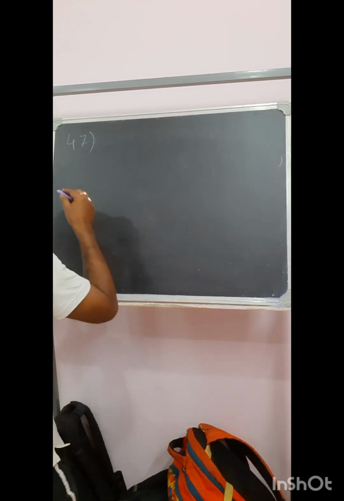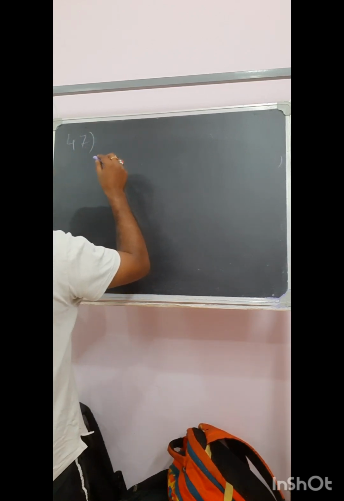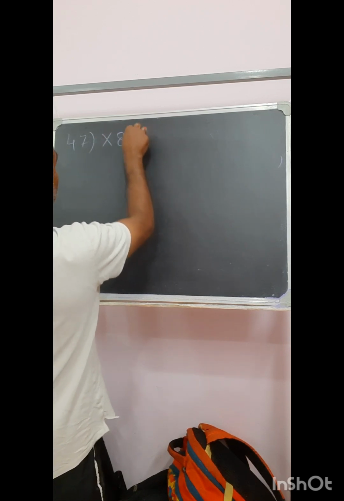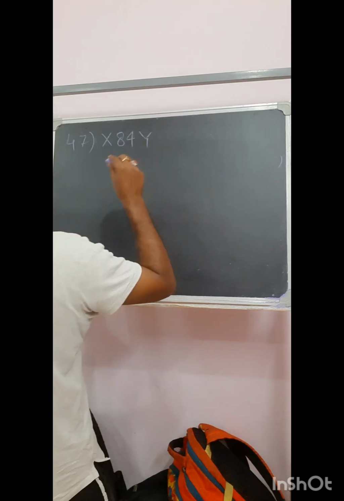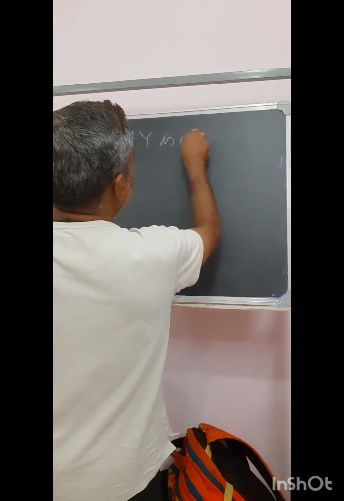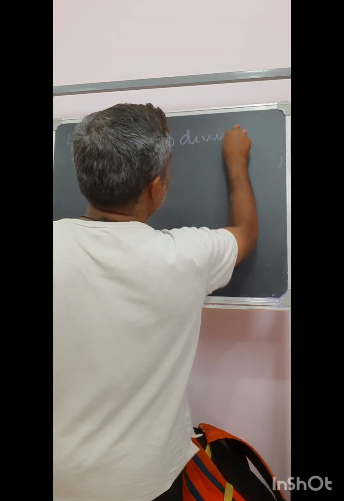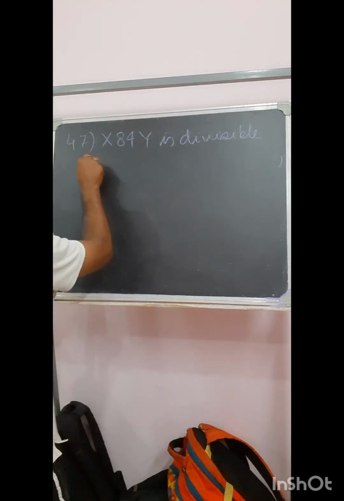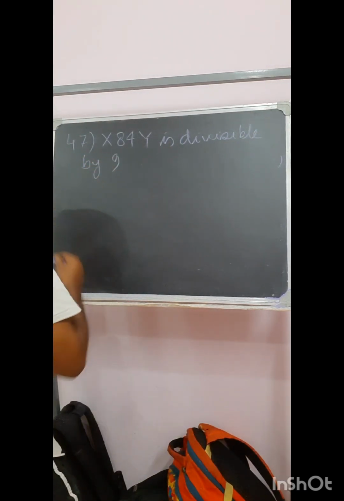Problem number 47 says that x84y is divisible by 9.